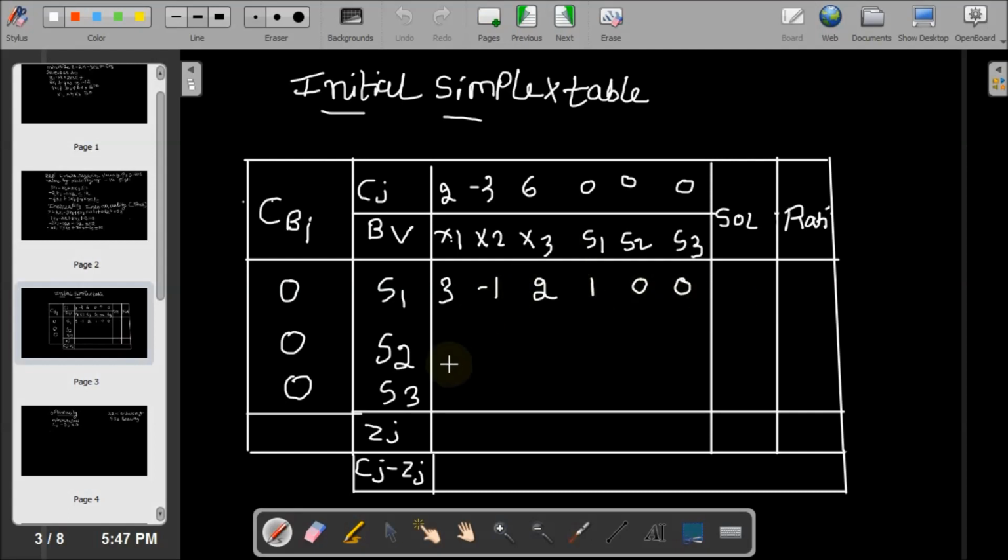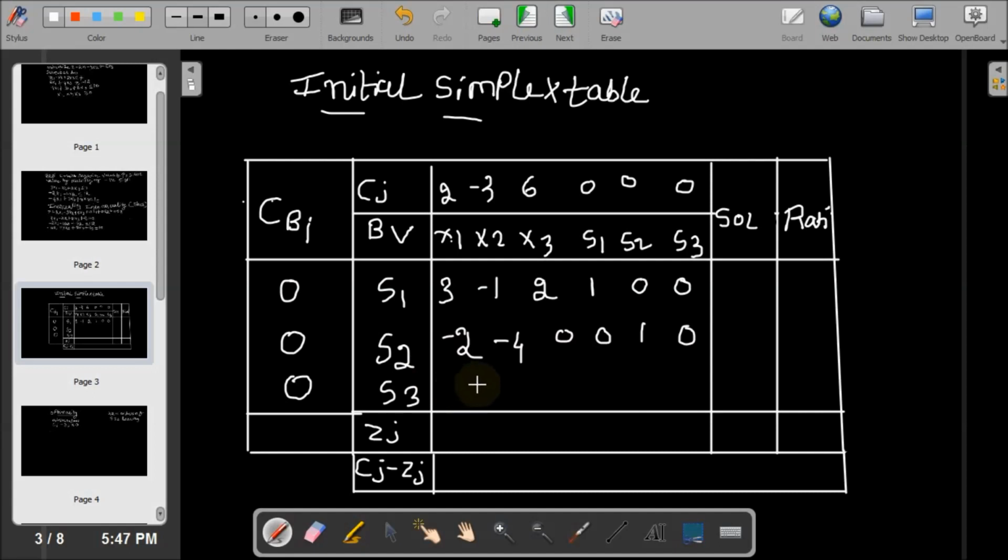In the same way, I will write for s2 and s3 also. See here, so for s2, the values are minus 2, minus 4, next 0, 0. s2 is there here, 1. s3 is not there, 0.